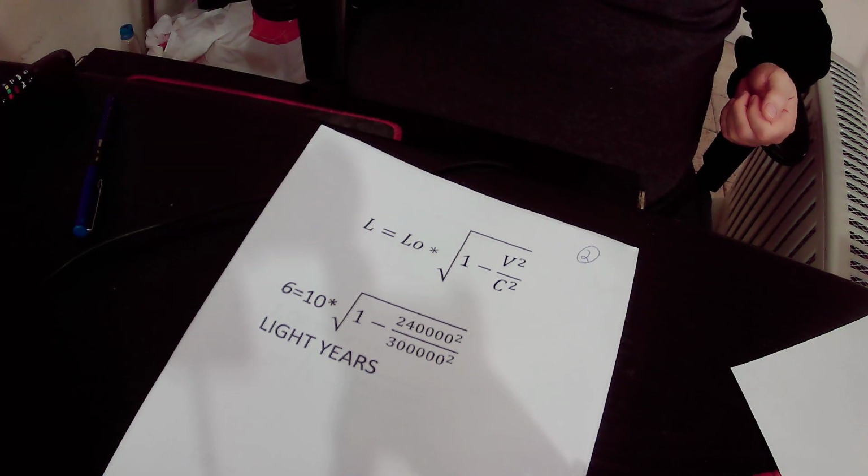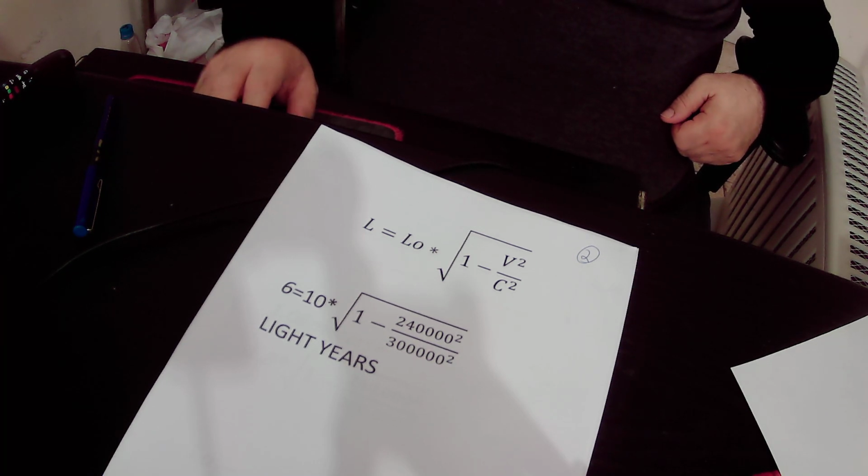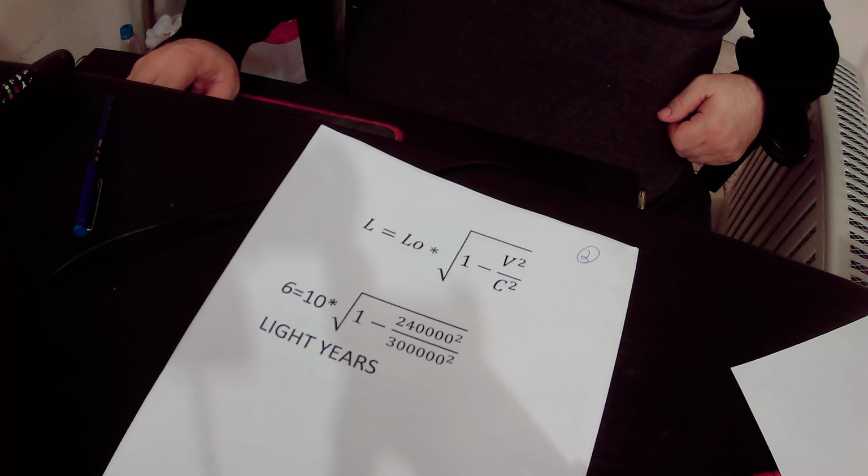Okay, but you should remember that our sun is not moving relative to the star Epsilon, because the sun and the star Epsilon move as one unit around the center of the galaxy, so the distance between them doesn't change.